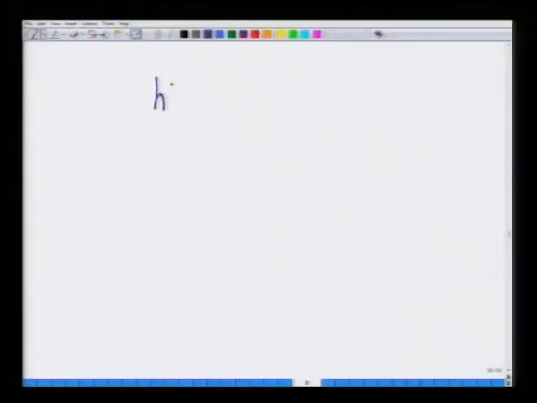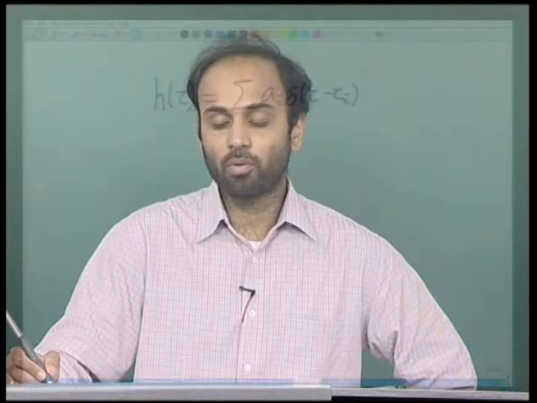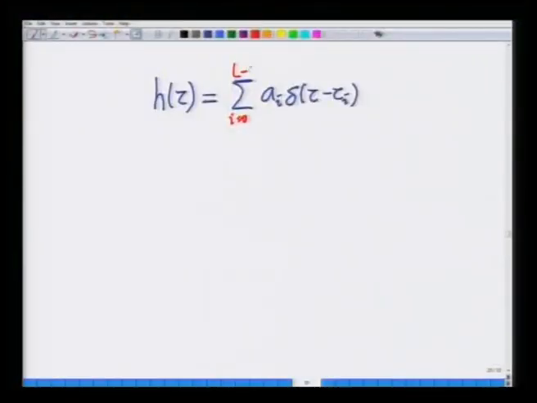Now, let us look at the frequency response that can be explicitly computed from the delay profile. We saw that h of t can be represented as sum of a_i delta of tau minus tau_i. I can represent the delay profile as comprising multiple paths, i equals 0 to L minus 1, each path having an attenuation a_i and a corresponding delay tau_i.